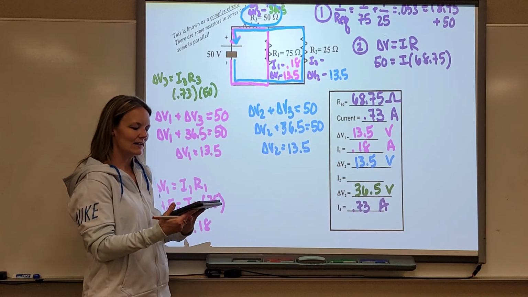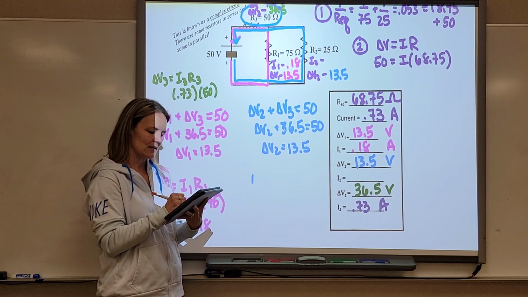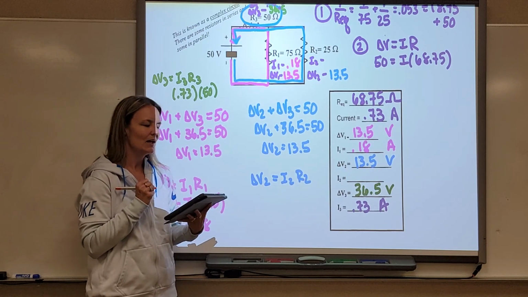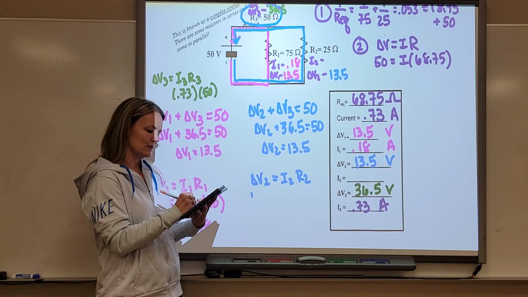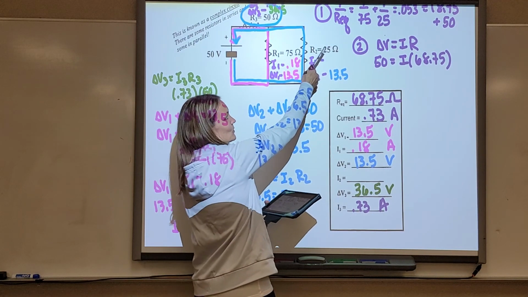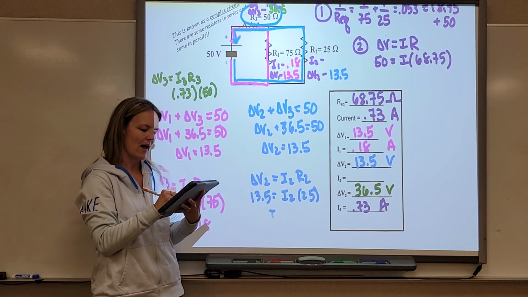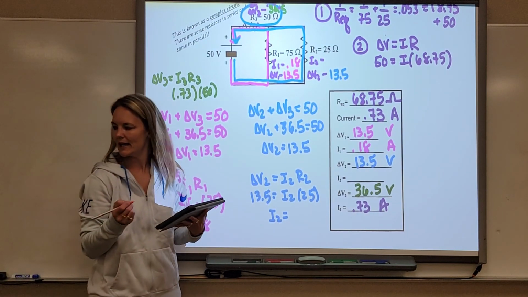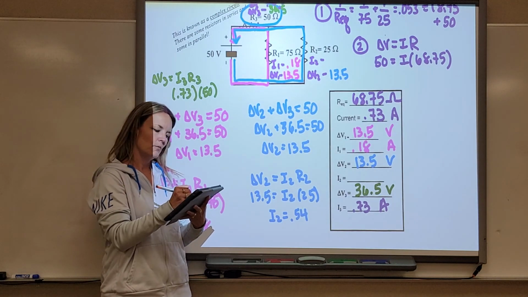Finally, my last step, now that I know my voltage and my resistance: delta V2 equals I2 times R2. All I have to do is plug in those numbers. 13.5 equals I2 times resistor 2, which was 25. When I take 13.5 and divide it by the 25, I end up with 0.54 for my current.